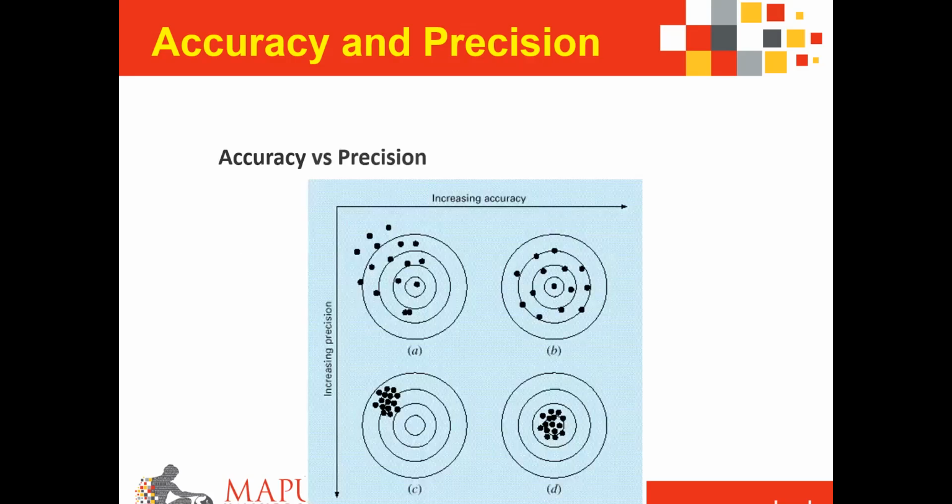When you compare accuracy versus precision, this particular graph shows that for letter A, you have very low accuracy and very low precision, with values marked as dots on your respective bullseye. Letter B shows increasing accuracy, however less precision, which yields more scattered values seen on this given bullseye.